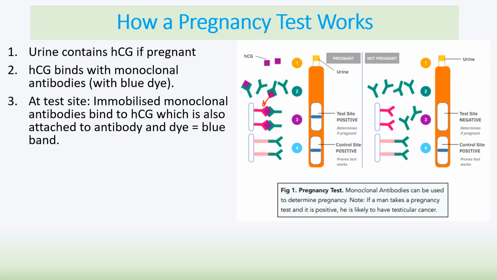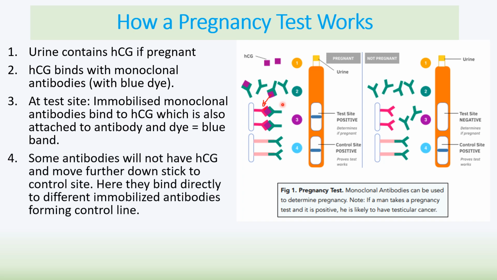So they will bind along this bit here, and therefore to the immobilized antibodies, and the monoclonal antibodies with the blue dye will also attach. If that happens, because you are pregnant and you have the HCG hormone, you'll get the first blue line in the test site.